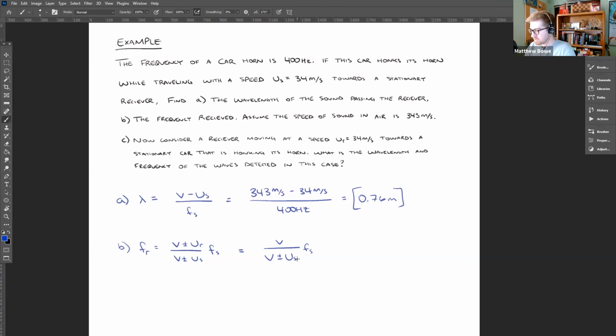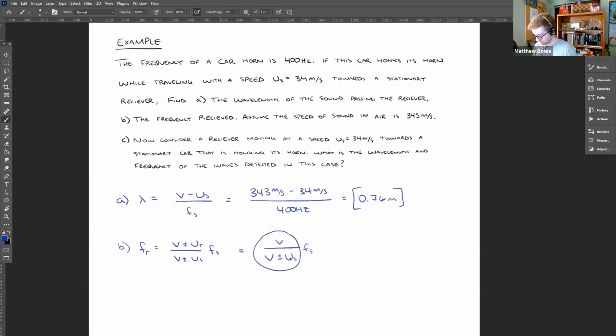As the car is approaching, the wavelengths will get smaller. It will become more frequent because the waves are being compacted together. The receiver will see them bunched up with a higher frequency. So how can we make this value bigger?